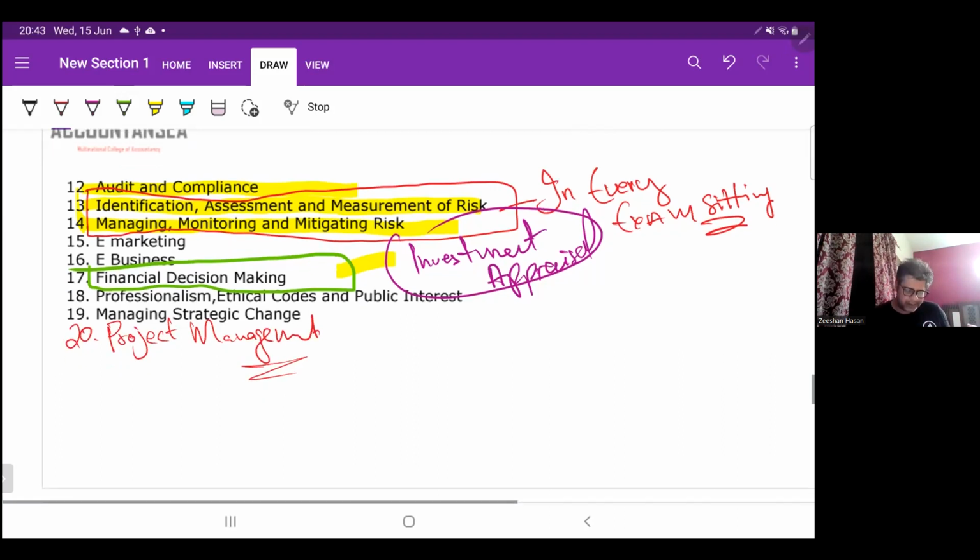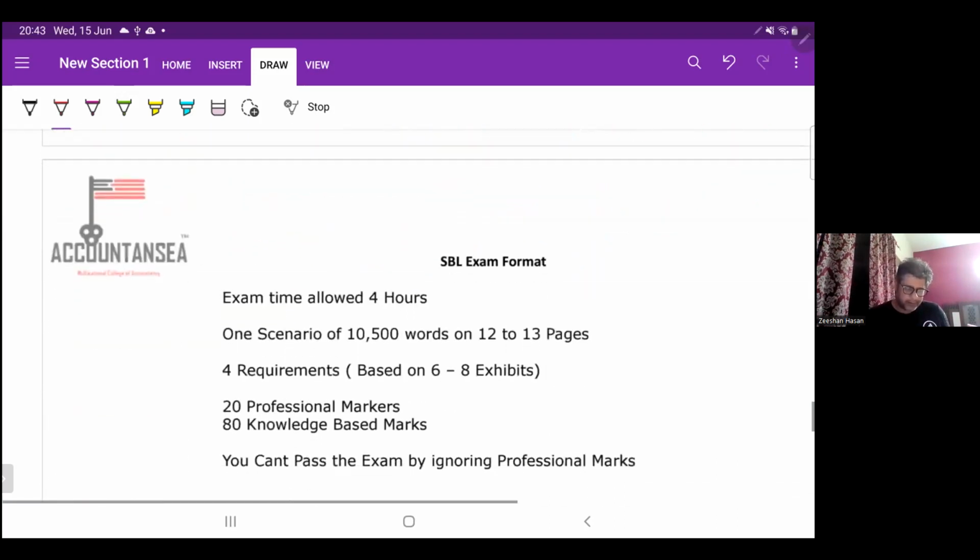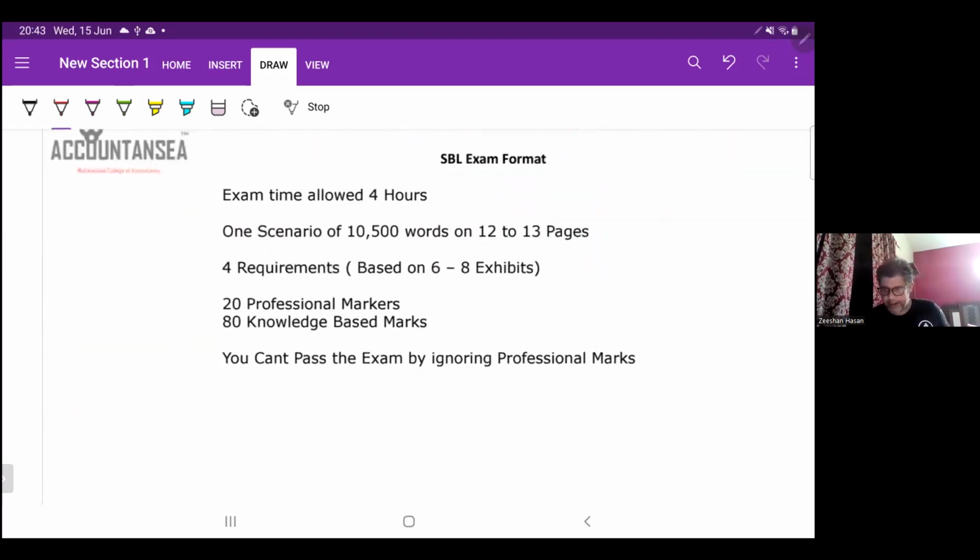Now, what will be the teaching strategy? Before that, let us look at the SBL exam format. So here is the exam format in front of you. This is the first and last exam of ACCA, which will allow you overall 4 hours.